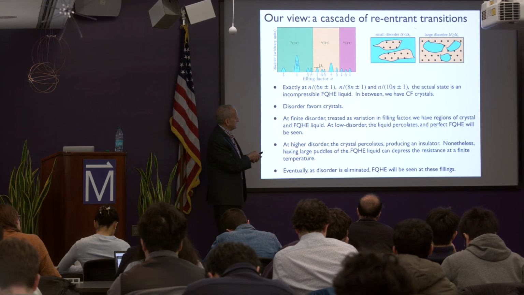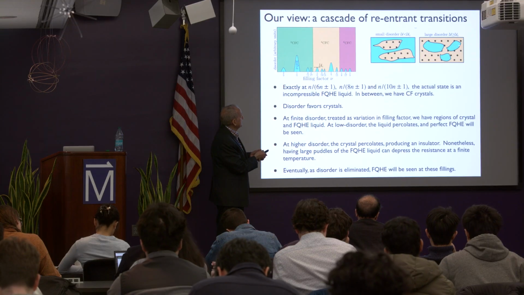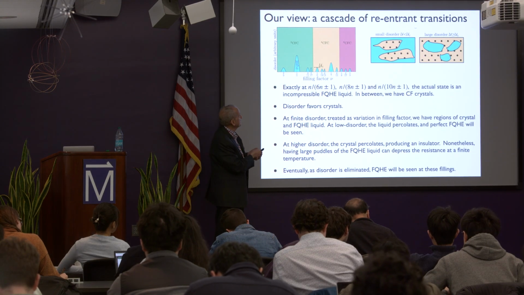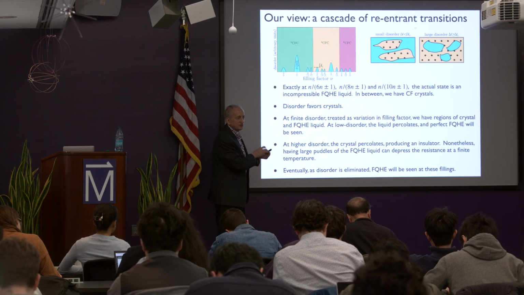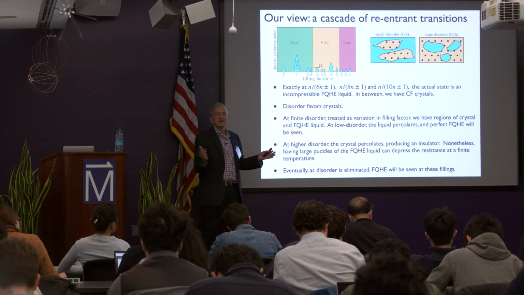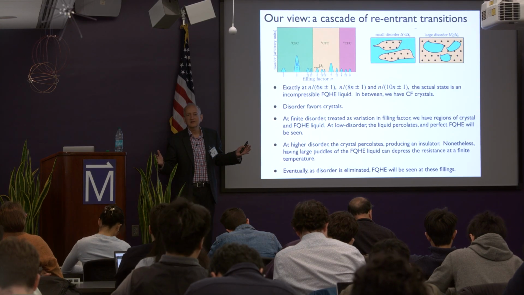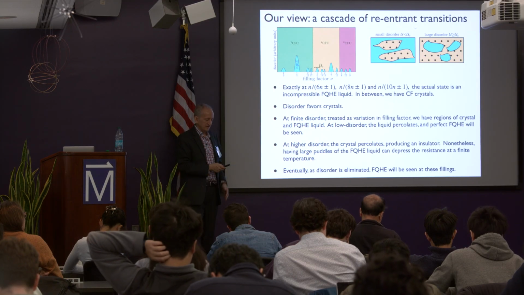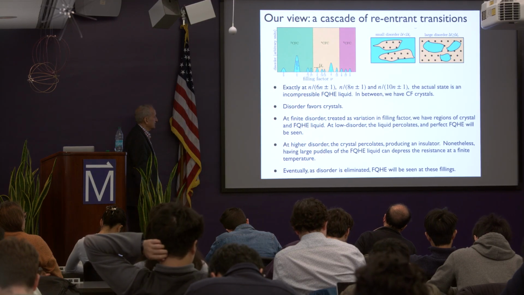At finite temperatures, this has less resistance than a system that's fully crystalline, because a particle can jump here and then zoom, no resistance, all the way to this point, then jump here, so the current can flow more easily because of the presence of these puddles of fractional Hall state.